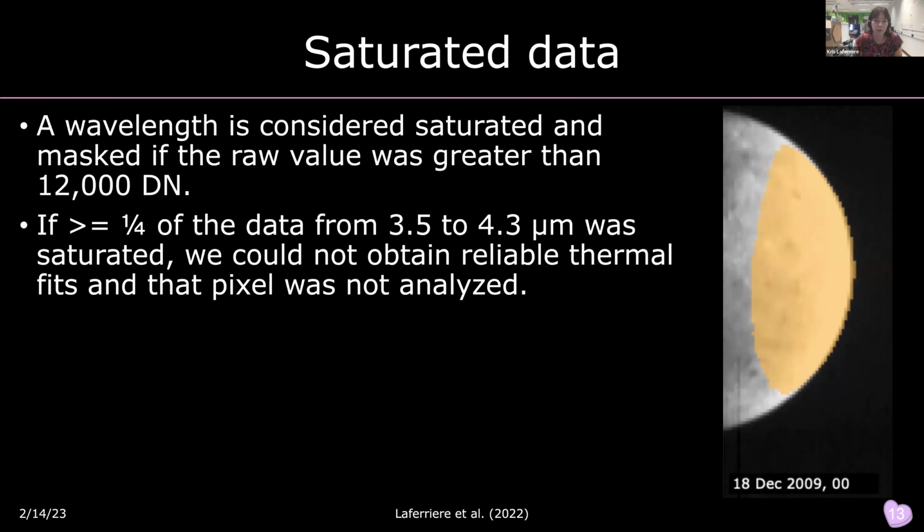So what we did was, if an individual pixel, spatial and spectral, reached that limit of saturation, then we essentially masked it. And then if greater than a quarter of the data in our thermal fit region was saturated, then we found that the thermal fit was unreliable and we couldn't analyze it. But we didn't have to totally exclude any pixel because some of the data was saturated.